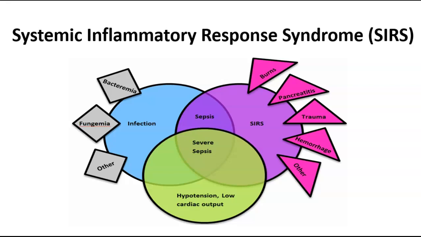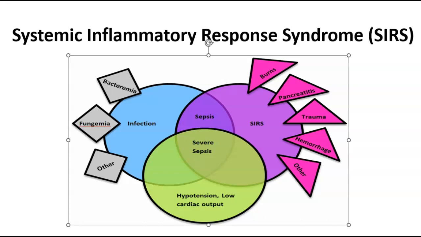Again, it's just more likely that we see it with sepsis, so it doesn't mean it can't happen otherwise. Look on the right-hand side at the causes of SIRS: burns, pancreatitis, trauma, hemorrhage, and then other. Other is an awful lot. Could be seizures, could be lots of anything.